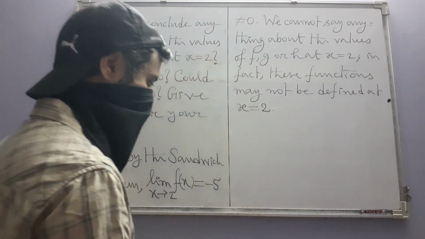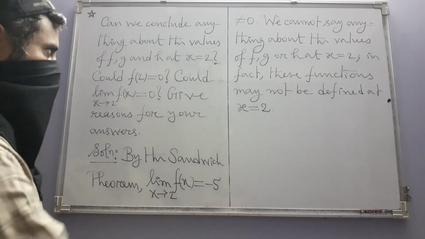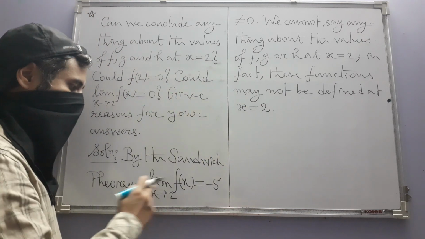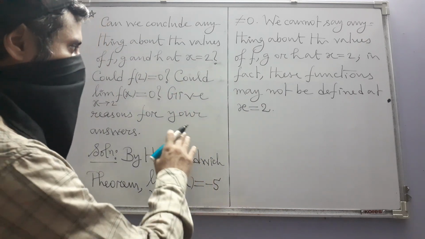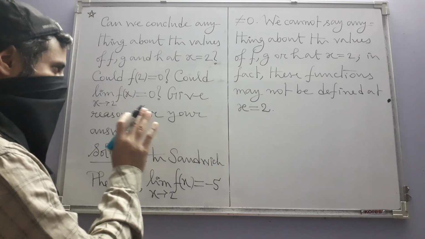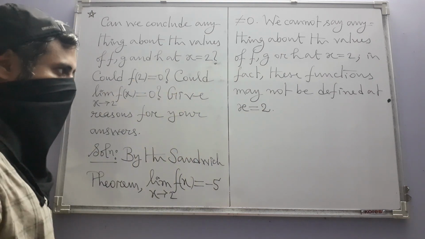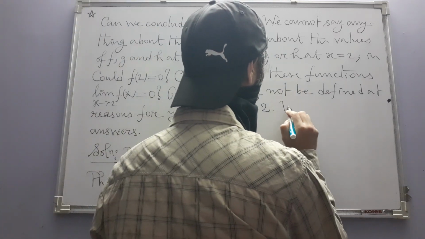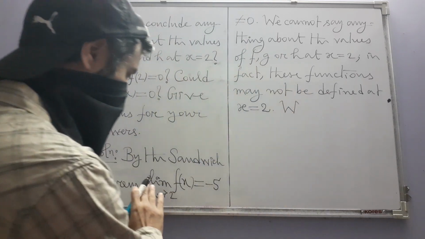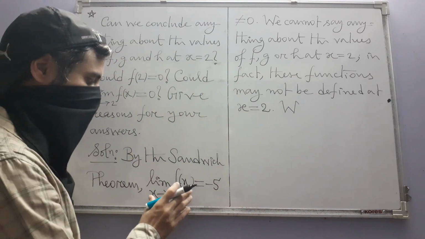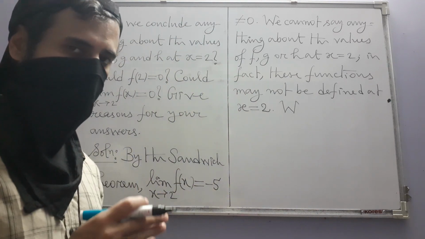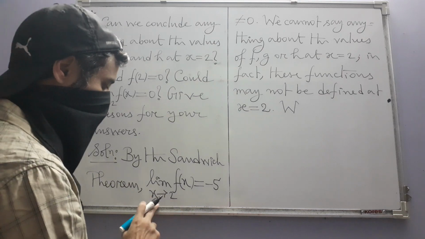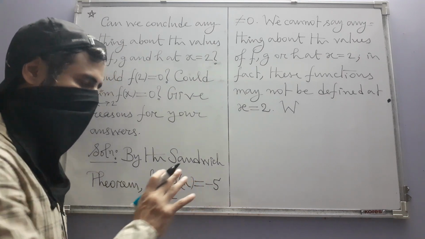And because of this independence of the functional values at 2 and the limits being minus 5, we can in fact have f of 2 equal to 0, or in fact anything else also, without disturbing this fact, that the limit of all the functions equals minus 5 as x approaches 2.